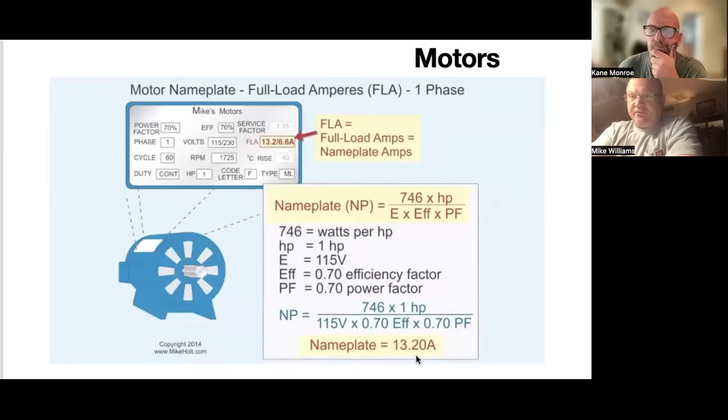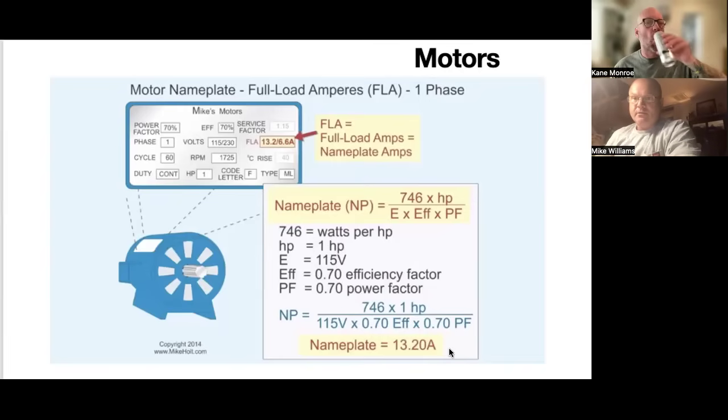It's 746 times 1 horsepower, because that's what the motor is, divided by your voltage, and then your efficiency, and then your power factor.